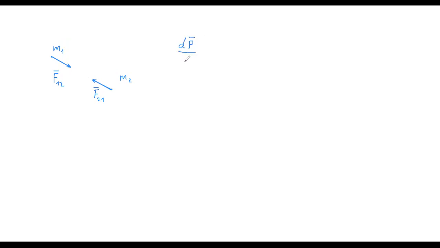According to the second Newton's law of motion, the derivative of the momentum of the material system is equal to the derivative of momentum of the first point plus the derivative of momentum of the second point, and it is equal to 0. Why 0?